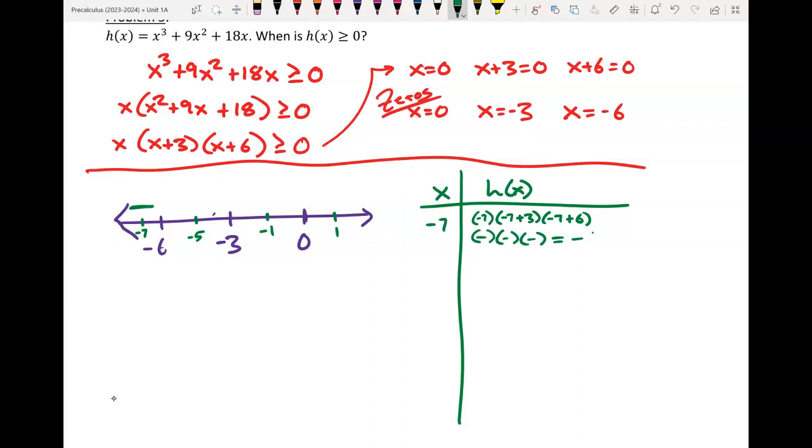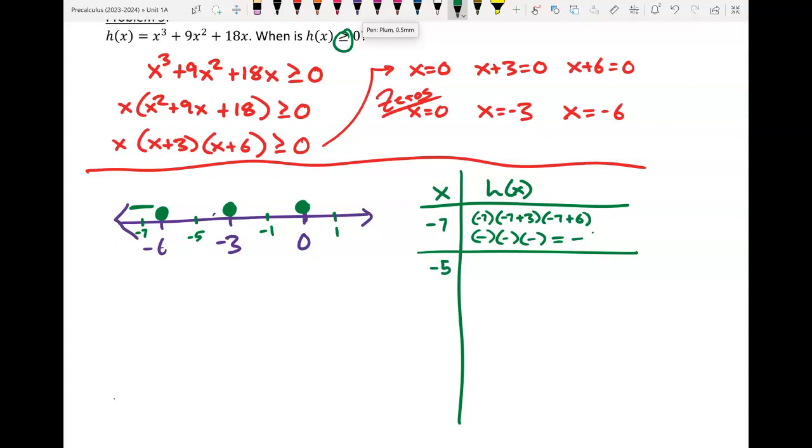Oh, and one thing before I move too far on, I had that "or equal to," so we are going to be including our zeros this time around, including those 3 zeros. Those are going to be part of our solutions. We want those. Okay, let's pick our next one, negative 5.